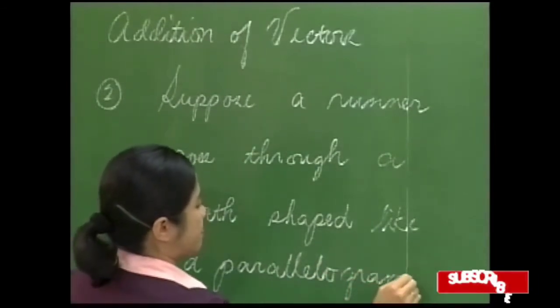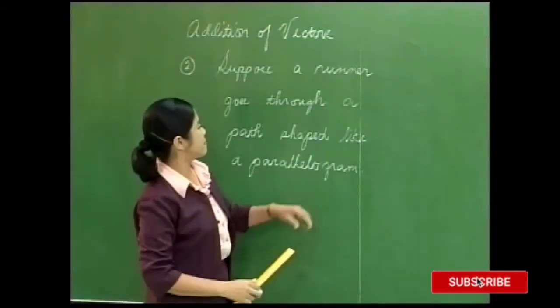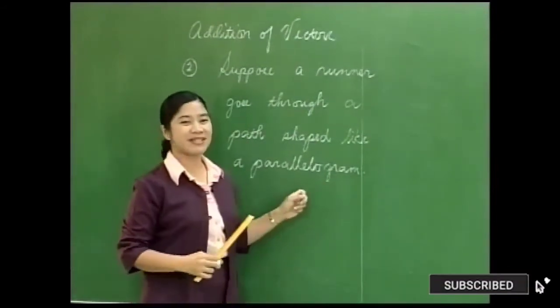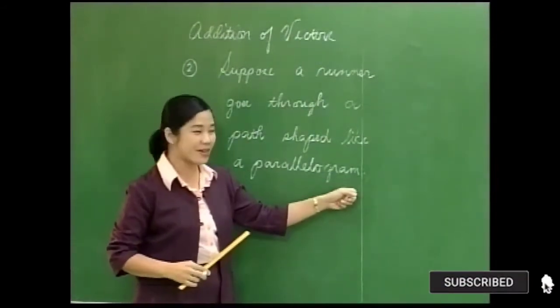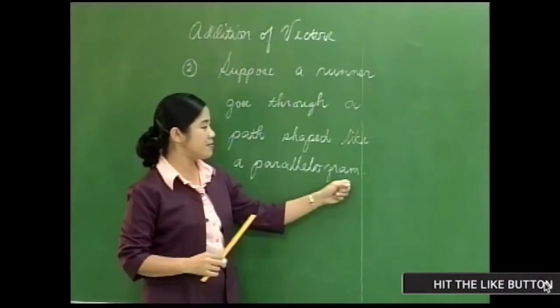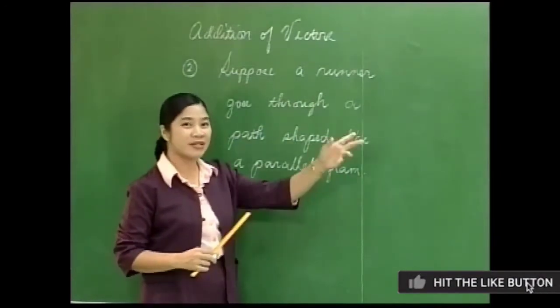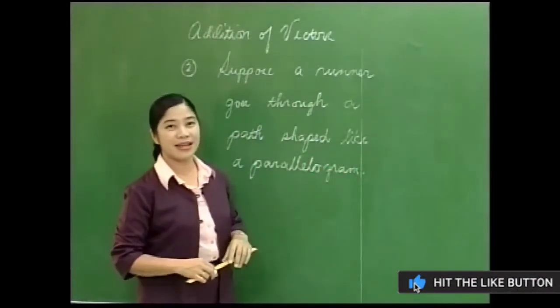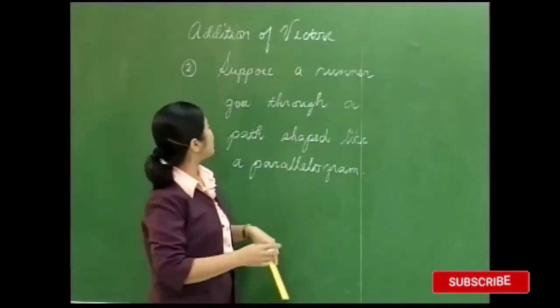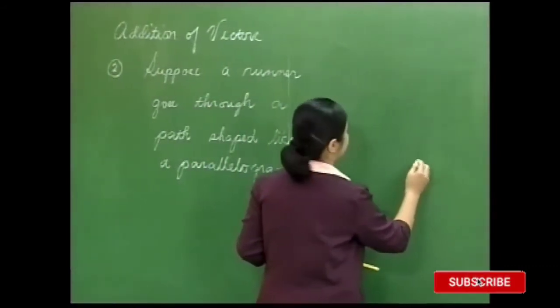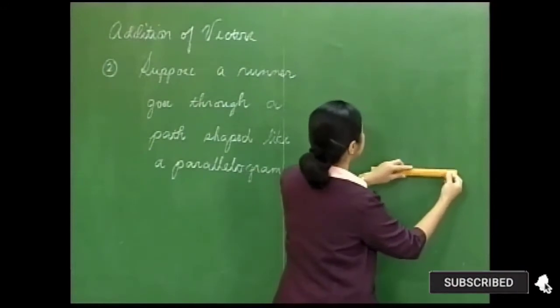Now, this is from your third year geometry. What is a parallelogram? A parallelogram is a polygon with two pairs of sides parallel to each other. So, you could have a runner. Let's see. We describe it this way.